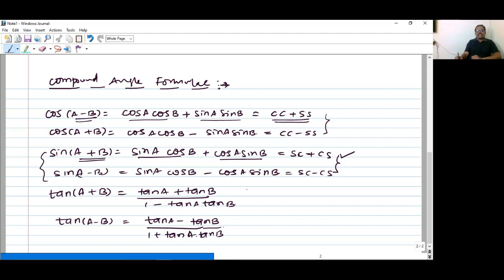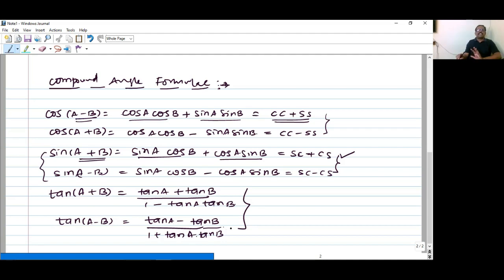How can we keep the differences in these two formulae in mind? If it is a plus b, the numerator is in addition, whereas for angle a minus b, if it is difference, then the numerator will also be in difference form. So tan a plus b will be tan a plus tan b by 1 minus tan a tan b, whereas tan a minus b will be tan a minus tan b upon 1 plus tan a tan b.